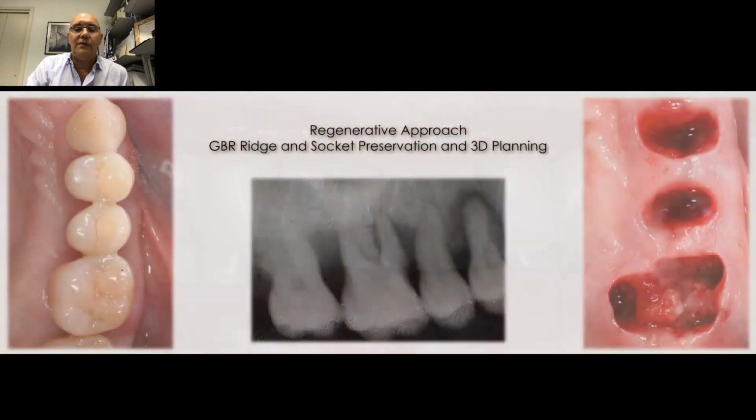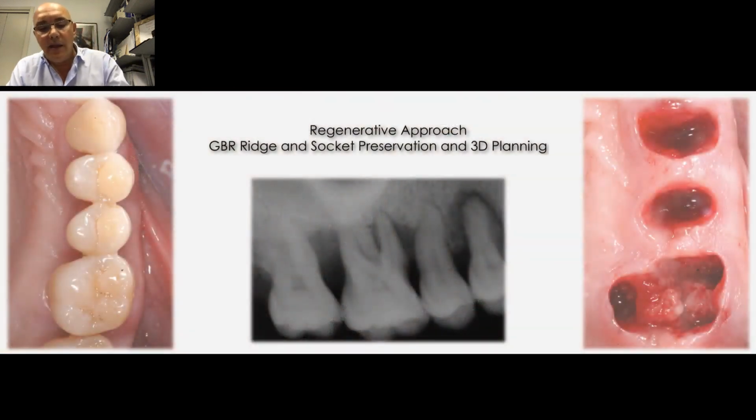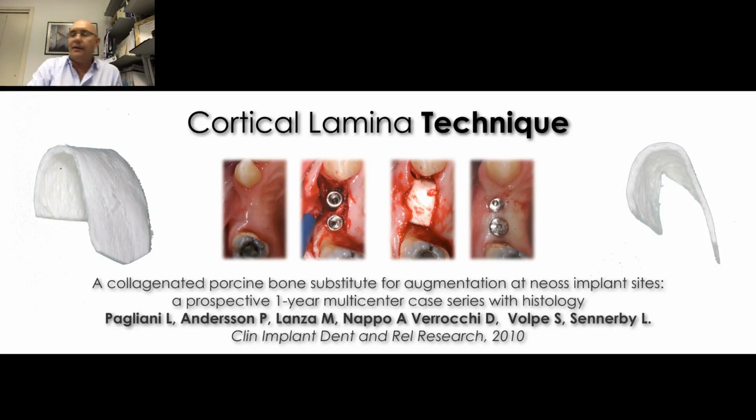That looks very beautiful. Now, I think we should start talking about a procedure that has really changed my life and really has given me a weapon that I did not have in the past. This weapon is the cortical lamina.